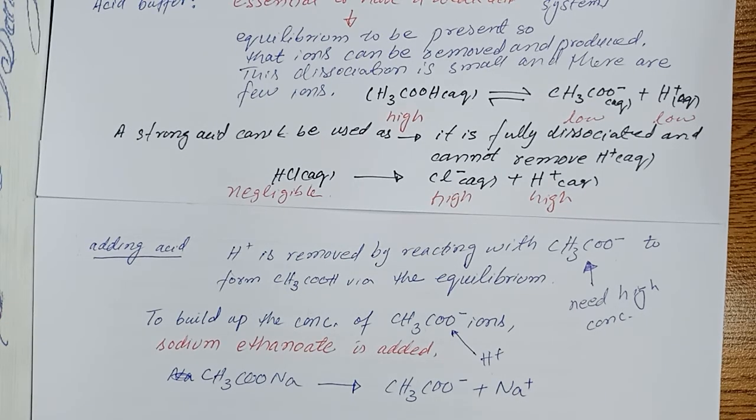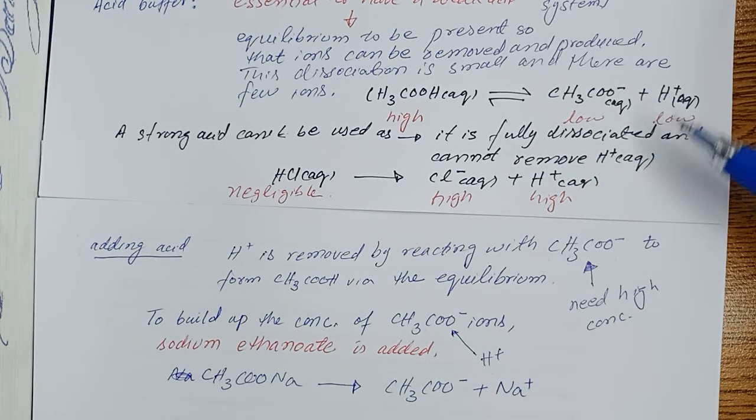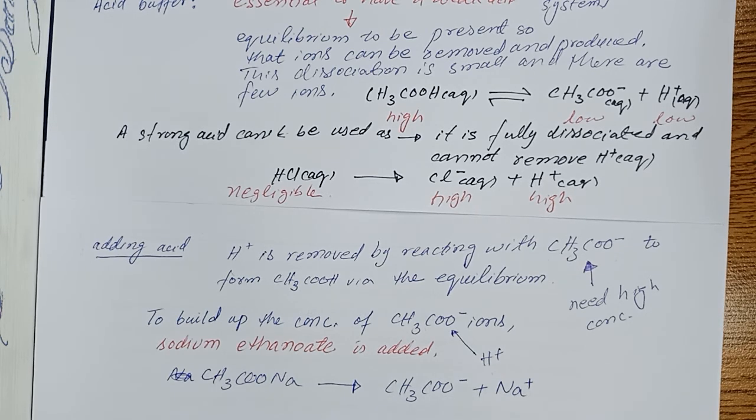So what happens if we add an acid to the solution containing acetic acid, acetate ion and hydrogen ion, as well as the new component sodium acetate, which is producing acetate ion in excess?